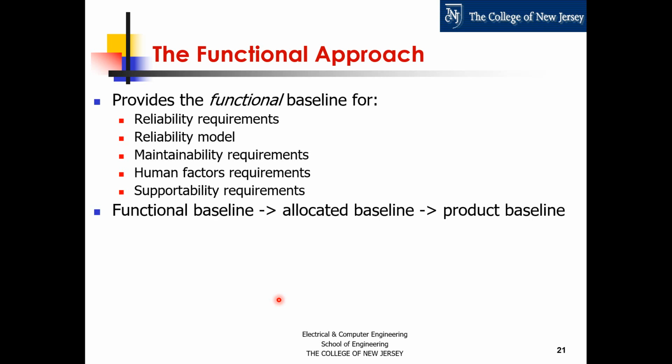So you have this functional baseline starts being transformed to the allocated baselines, which means that in this baseline you're already planning things and allocating resources, both human capital and functional resources of the system, to what eventually is going to become a product baseline, a product that you are going to design.